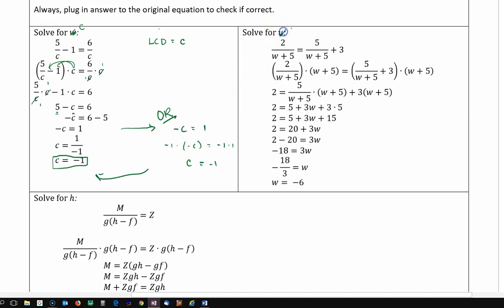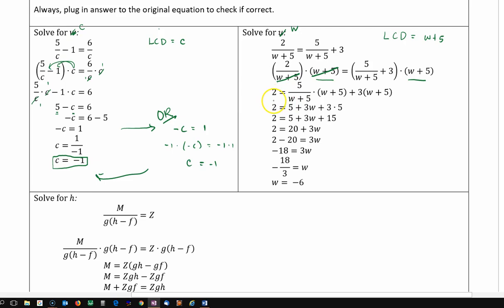Next, this is not U, that's W. So again, we have these fractions, obstacles, so get rid of them by taking the LCD and multiplying both sides by the LCD. There we go. This becomes really nice because you can cancel the W plus 5.